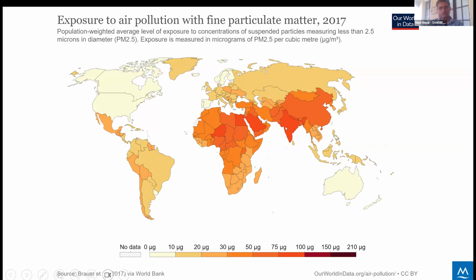That means the air pollution, PM 2.5, is more concentrated here compared to Latin America or other regions. There are some countries in Africa which are equally polluted, but South Asia, I'll show you in another graph, is more of a concern.